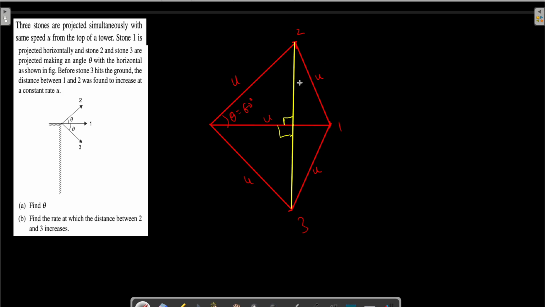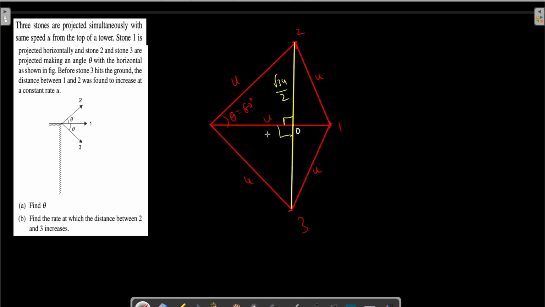Is there anything more elegant we can do right now? Okay, we can use one fact that this should be root 3. This is a direct result we already know, or you may find it using trigonometry also. I'll show how.